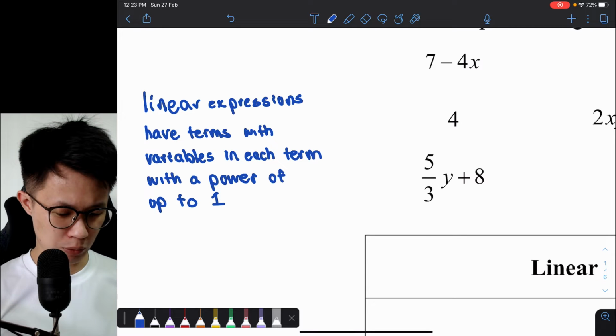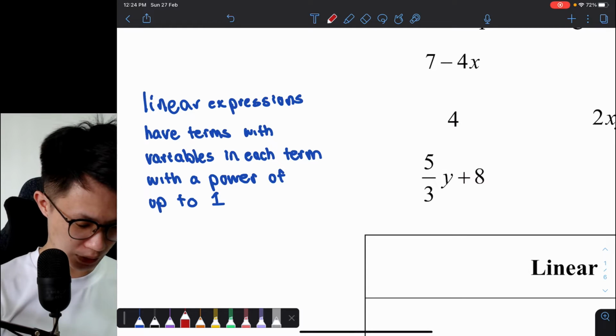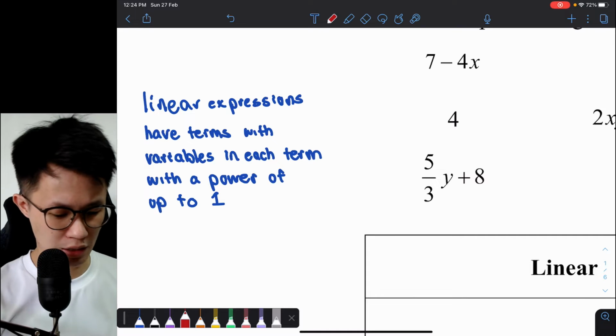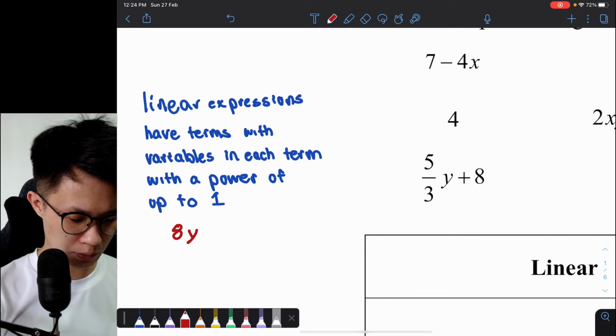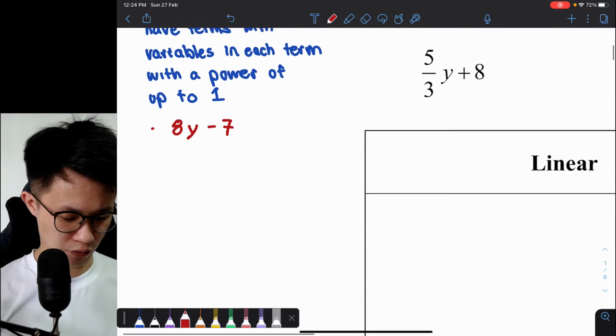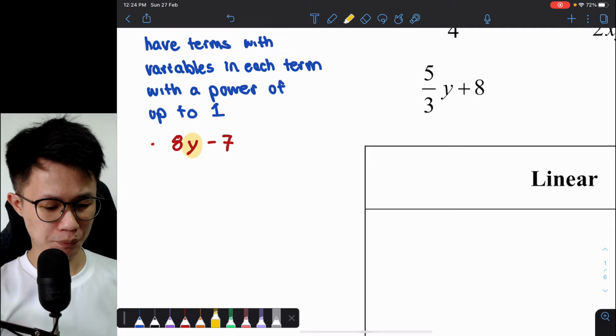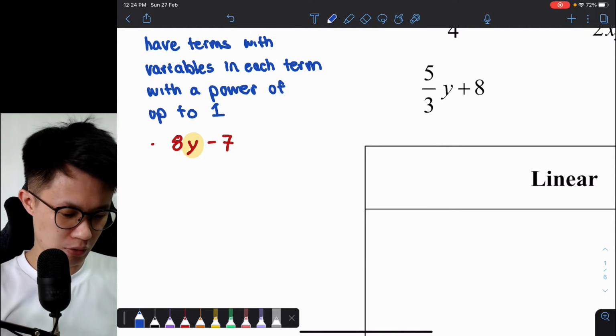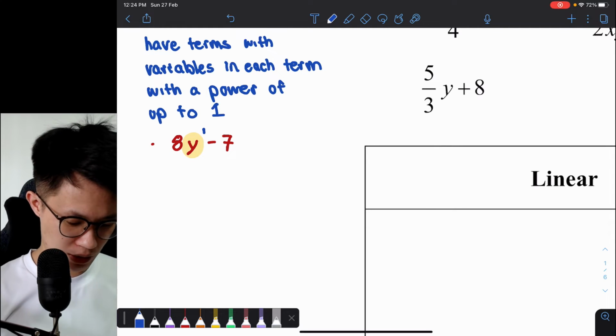Okay, what does this mean? Some examples of this would be, for example, 8y minus 7. This is a linear expression because the variable y has an invisible power of 1. So this is an example of it.